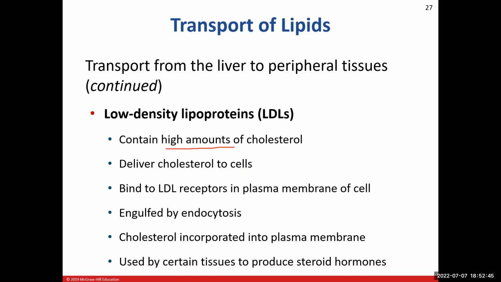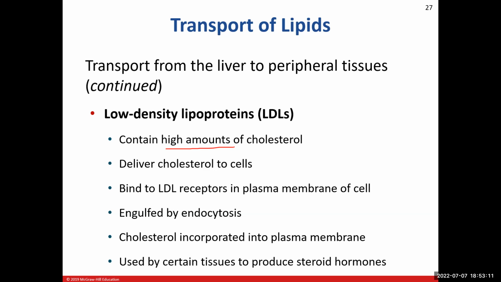How do they do this? Well, specific cells will have receptors. We've talked about this before. The LDLs will bind onto those receptors on the cell, and once that occurs, the cell is going to encapsulate it through endocytosis. It creates a vesicle and pulls it into the cell.